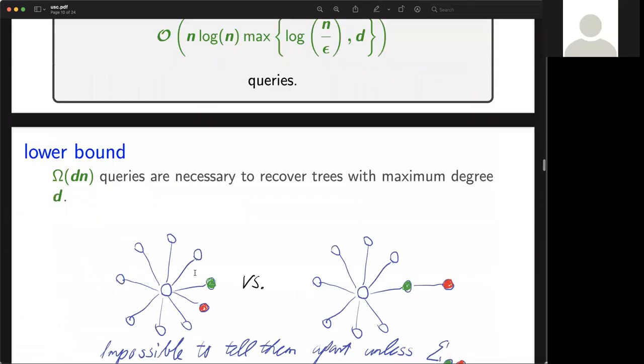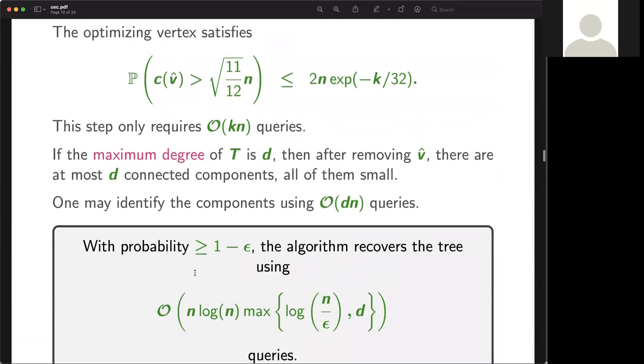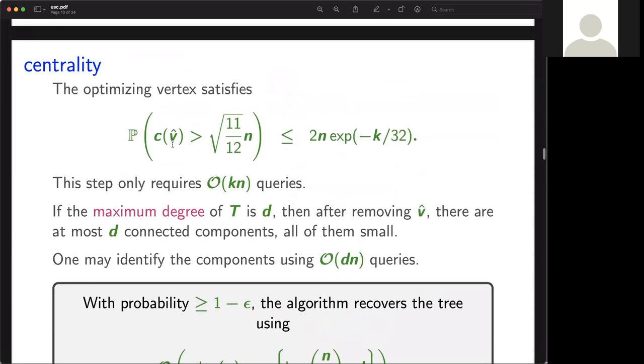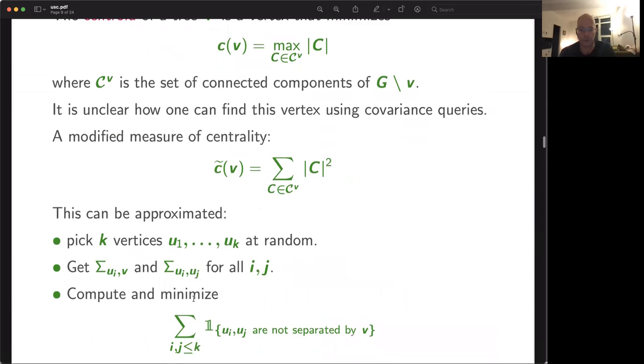Now, of course, excuse me, I forgot. What's the randomness in V hat? You say probability V hat. So V hat is the vertex that we choose by doing this. This is the most central vertex. Okay, I see. So the randomness is U1 to UK. And that's random because we pick the vertices at random.